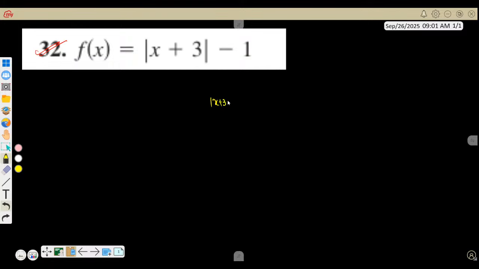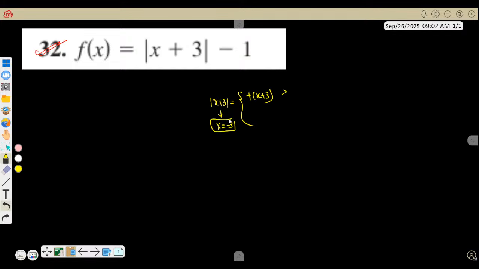So the piecewise function of this is positive when you put 0, you have x equal to -3. So this is positive if and only if x is greater than or equal to -3, or this would be negative if your x is less than -3. You are getting my point? Yeah. But the function is not only this.